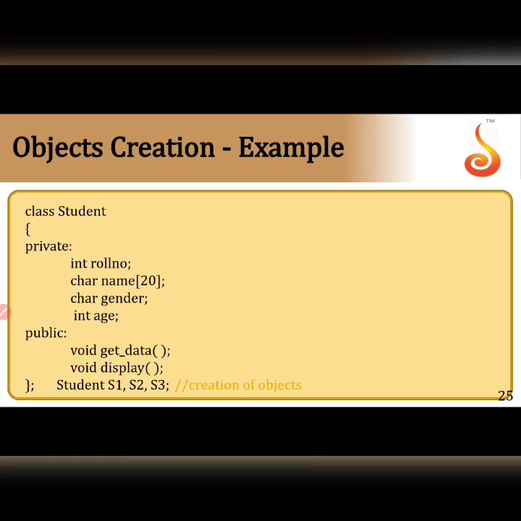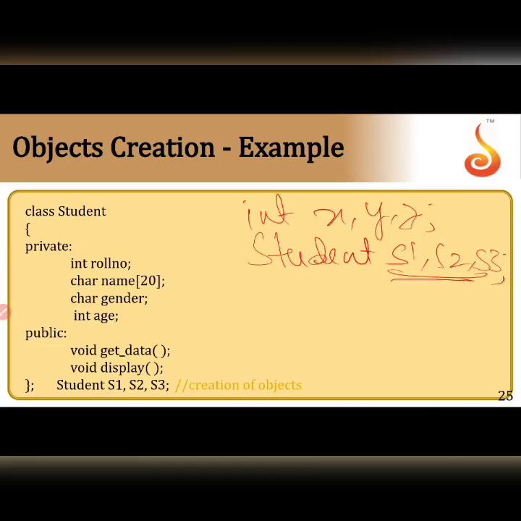You can create multiple objects in one line only, like I can have int x, y, z, same way I can have student s1, s2, s3, where these are of the class type, that is objects of the class student. That one also I can do. It is similar to how you create a variable. The same way you can create multiple objects in one statement.